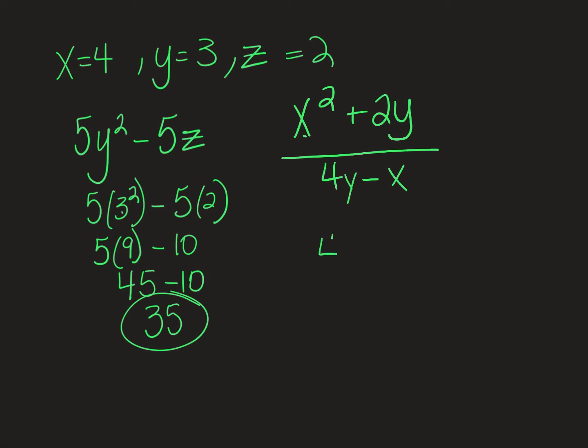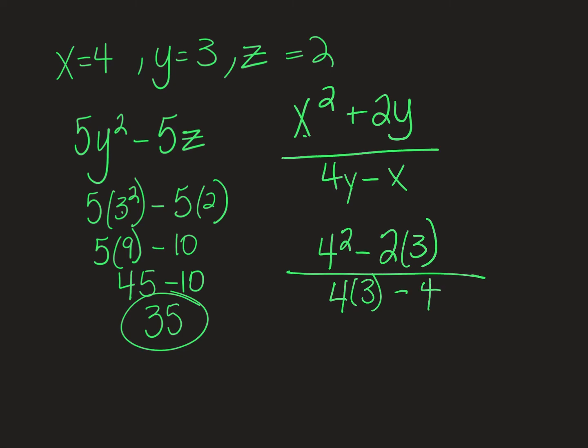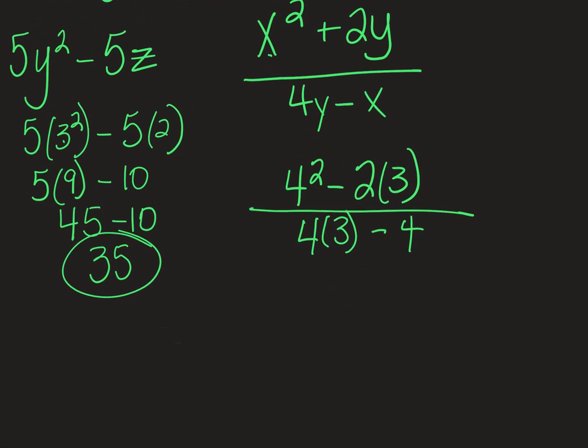So x squared would be 4 squared plus 2 times y, which is 3. Put my division sign. 4 times y is 3, minus x, which is 4, okay? So I'm going to do my multiplication here first. So 4 times 4 is 16 plus 6 over 3 times 4 is 12 minus 4.